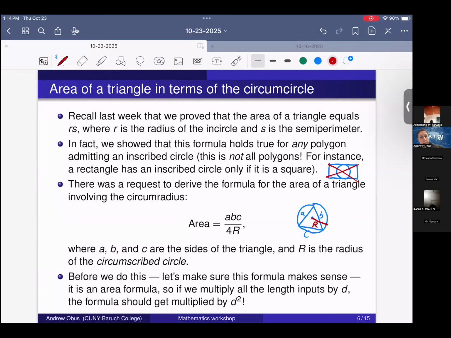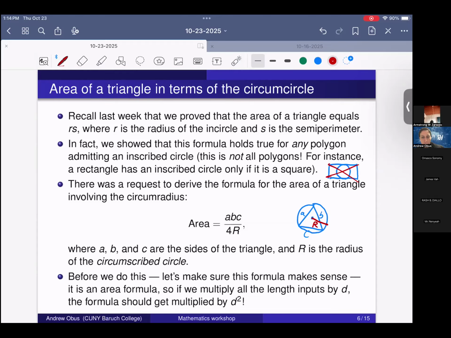So it turns out this is a formula for the area of a triangle, and it's not such an intuitive formula. But the proof isn't that hard. One thing I want to do before I prove it is to convince you that this formula makes sense.